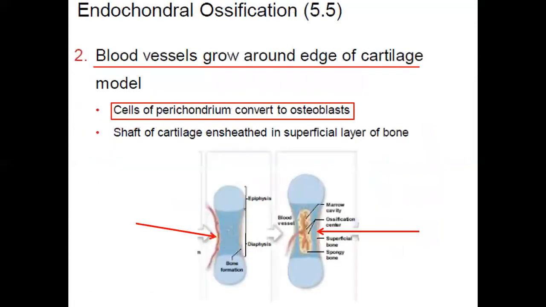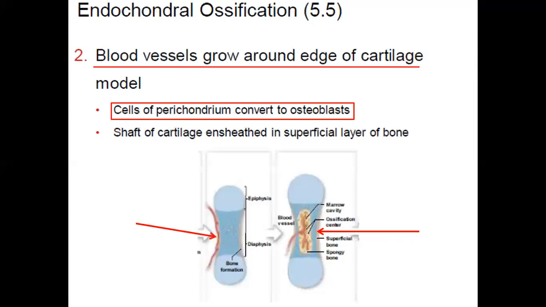Once that has happened, blood vessels start to grow near the outer part of the diaphysis, right? So blood vessels grow around the edge of the cartilage model, the hyaline cartilage, and the cells of the perichondrium, remember peri means around, chondro is cartilage, those cells that once created the perichondrium, the layer of connective tissue around the cartilage, convert, they differentiate to osteoblasts.